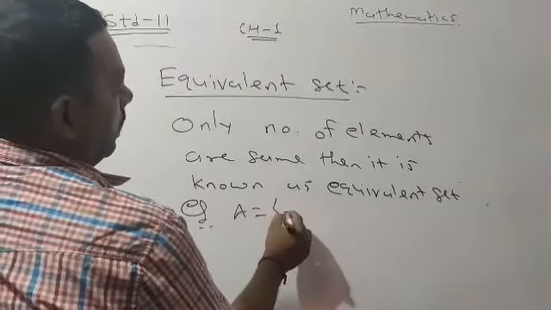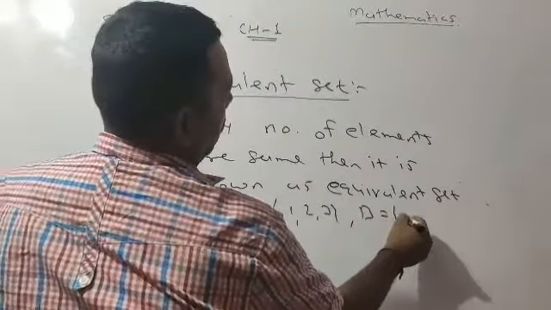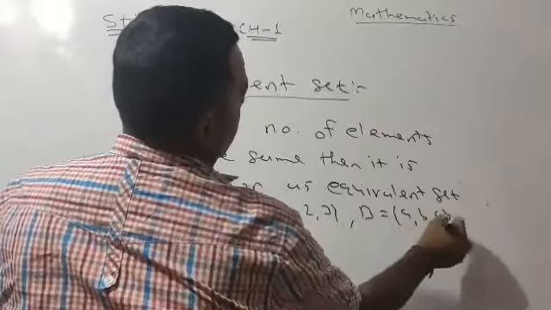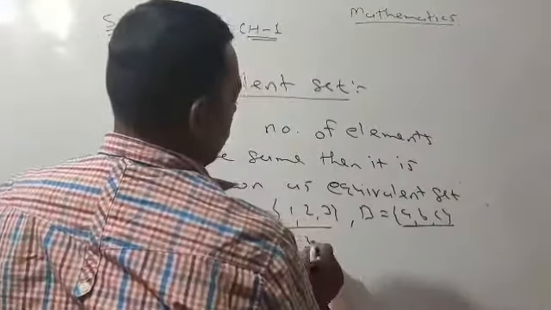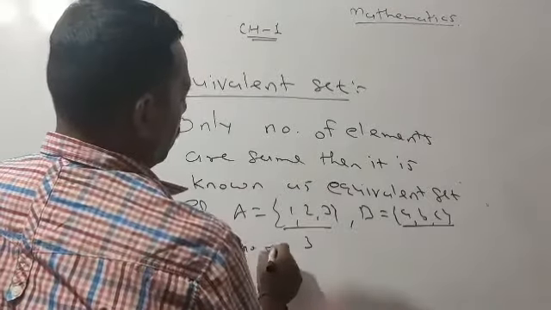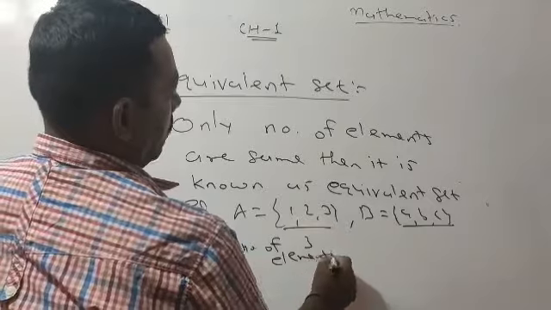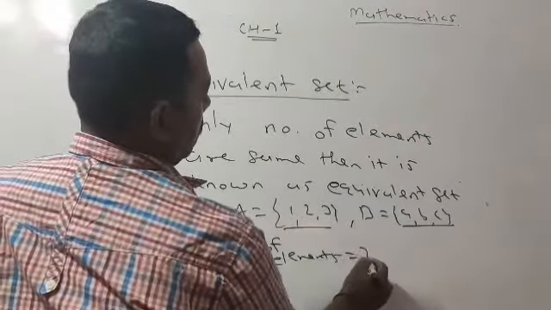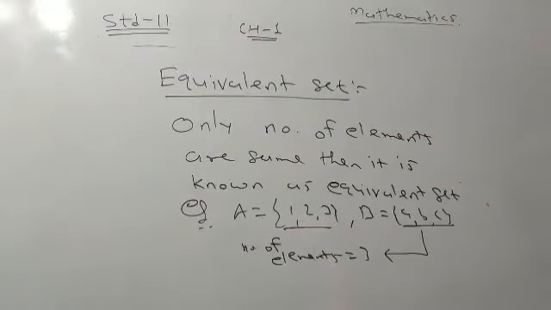I will write one example. Say A having elements 1, 2, 3 and B having elements small a, small b, small c. Here also 3 elements, here also 3 elements. Number of elements is equal to 3, and here also the number of elements is equal to 3.